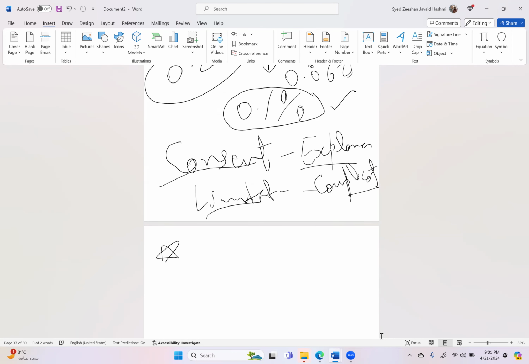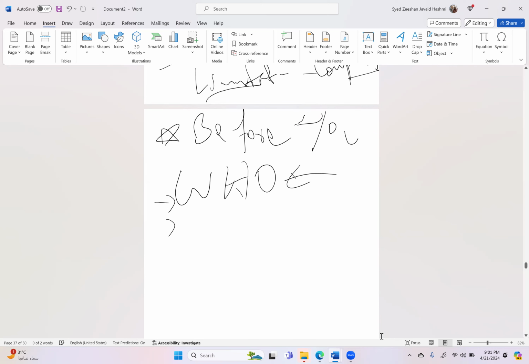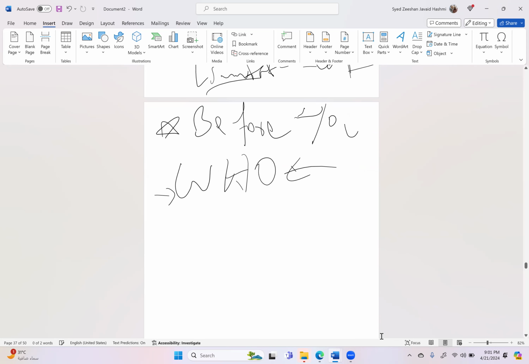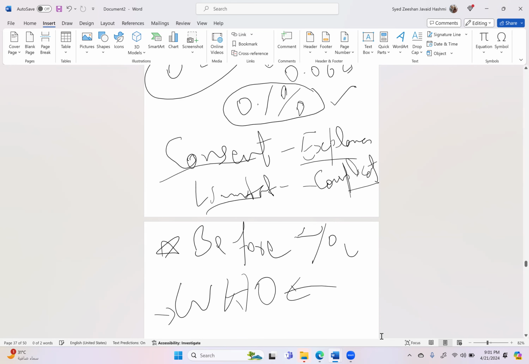And before you poke the needle, you have to do the WHO surgical safety checklist. Because there are incidents, even I myself have done a block on the wrong side. This can happen to anyone at any time. So the WHO surgical safety checklist along with the consent issue. This is a common thing for anyone.